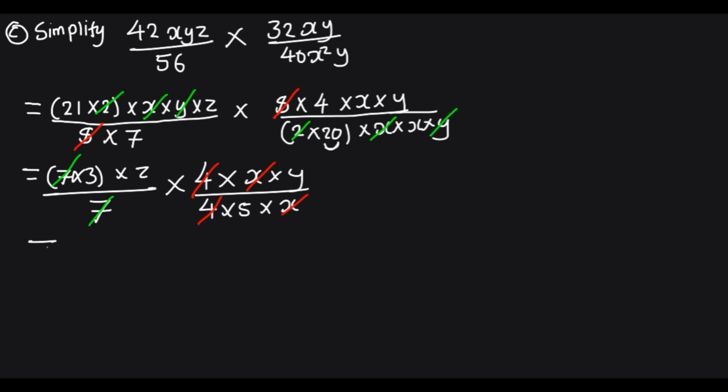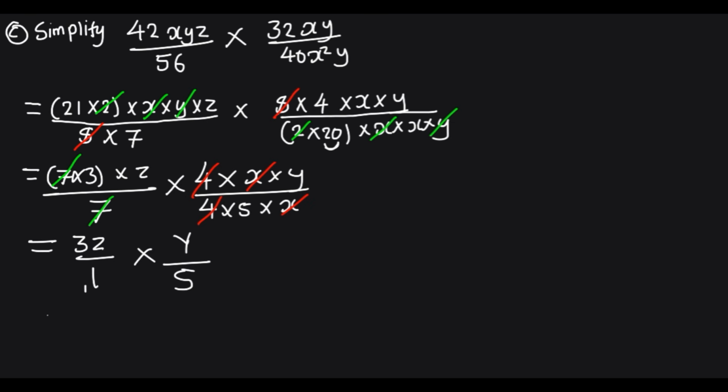From this part here we can see that we have 3 and z. So 3 times z is just 3z. Over here we have 1, so over 1 times z. Here we can see that we only have y. Over here we can see that we only have 5.